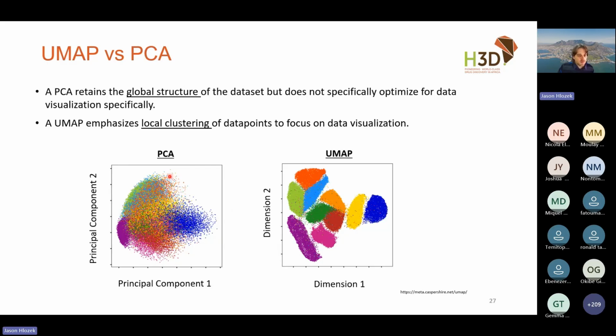So for example, if we think about these dark orange versus the blue dots, are they the same? Are they very different? How do they relate? Certainly the dark blue dots are very different to everything else here. Whereas in the UMAP, we've changed that global relationship to maximize the interpretability.